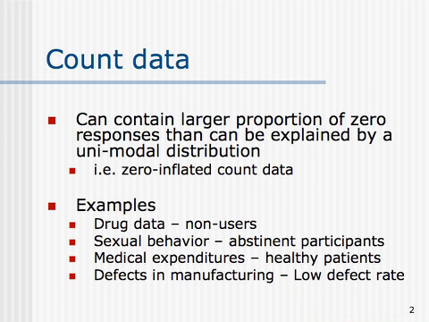Common examples where we have zero inflated data would be drug data, where we have a lot of non-users in the study, sexual behavior data, where we have a lot of abstinent participants, or medical expenditures, where you have healthy patients that just don't incur any costs, or defects in manufacturing if you have a low defect rate.